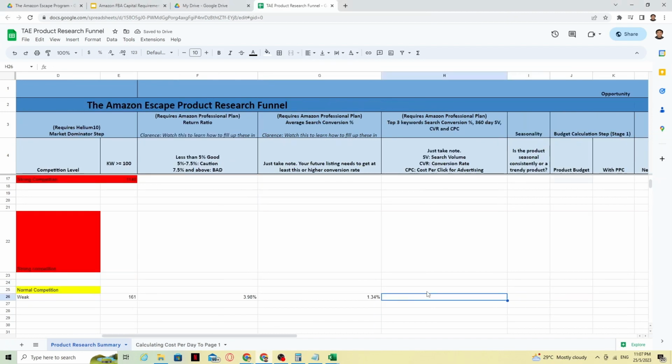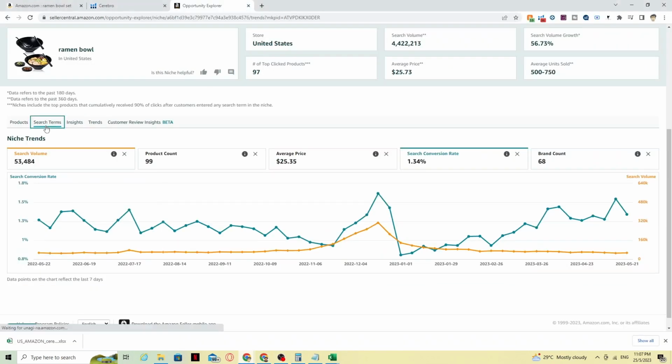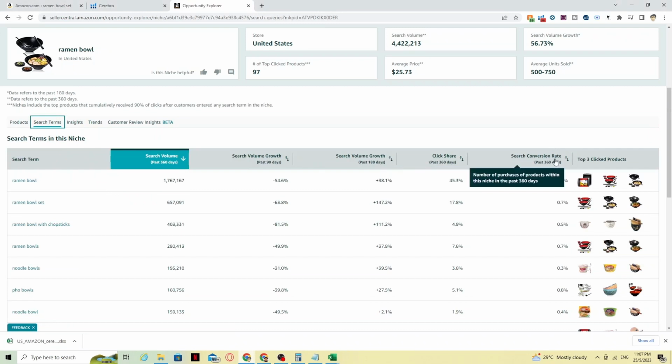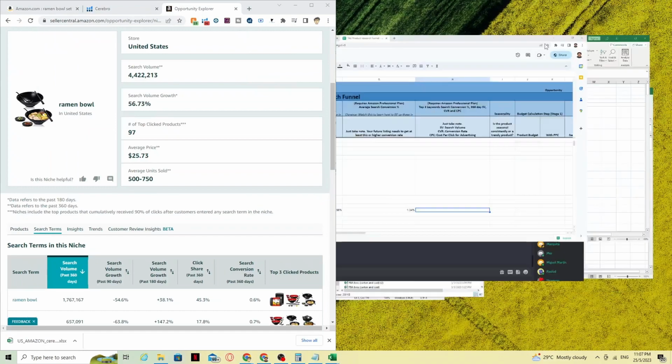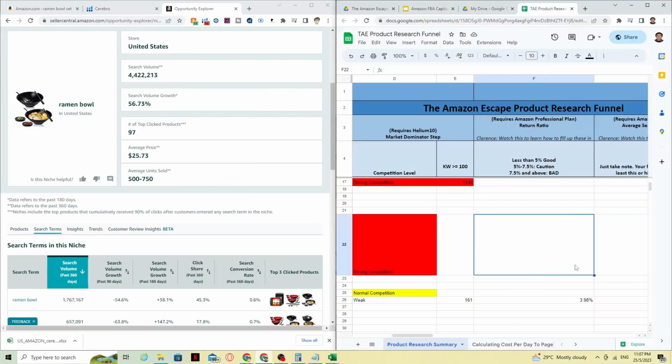Okay, search volume and conversion rate for individual keywords, the top 3 keywords, let's just very quickly put in here. So how do you find the top 3? Look at the search volume. This is your top 3 keywords. So let me just very quickly key this in here.